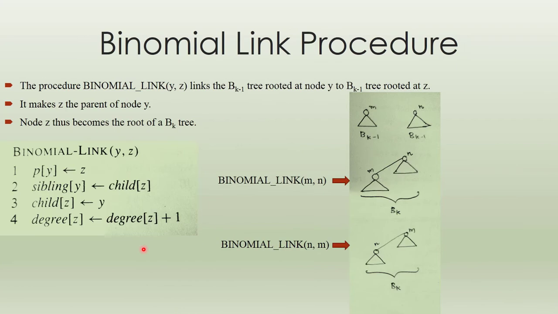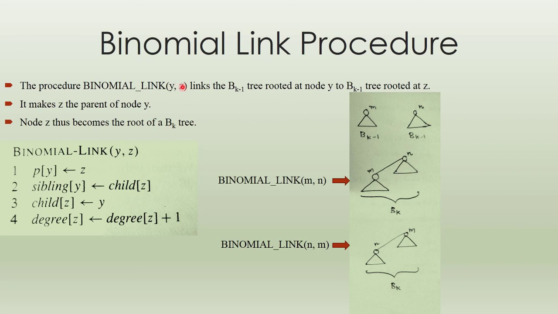Next is an auxiliary procedure which will be used in further procedures, that is the binomial link procedure. The procedure binomial link y, z links the B k minus 1 tree rooted at node y to the B k minus 1 tree rooted at z. Here in binomial link I am passing two parameters y and z.